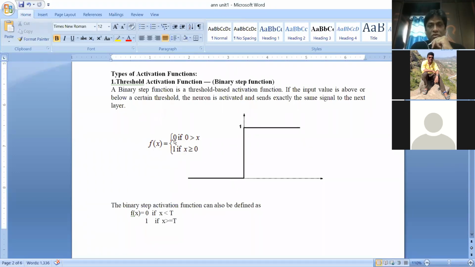So either you can go with x less than 0 or x greater than or equal to 0, a binary step function, or you may choose any other specific threshold value based on your application requirement. The values produced by the activation function are always going to be either 0 or 1. This is the threshold activation function.